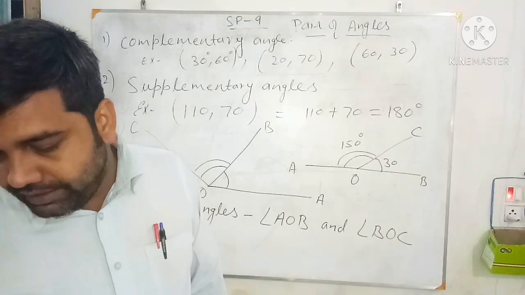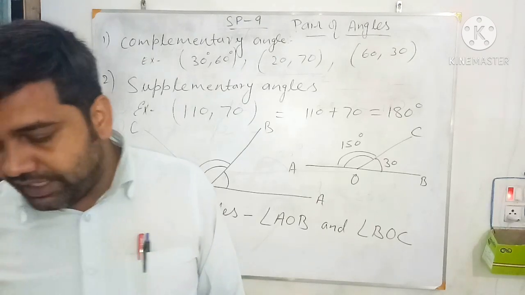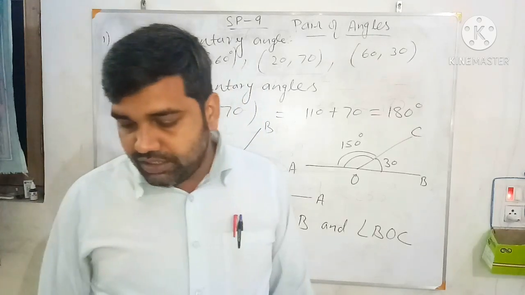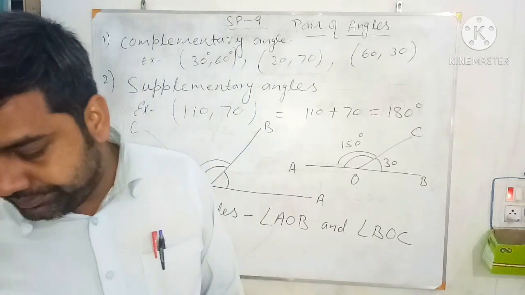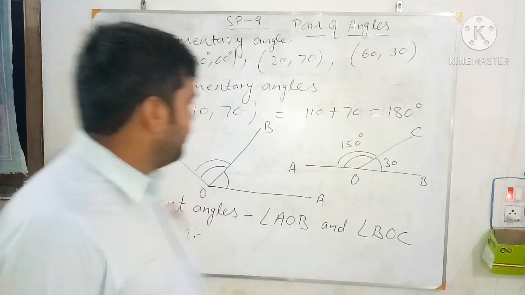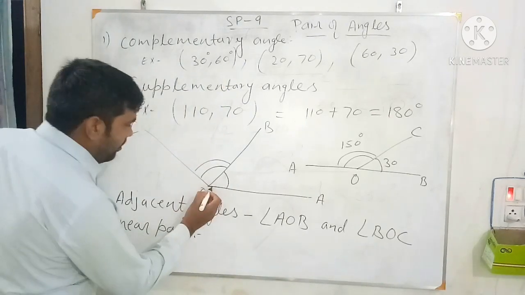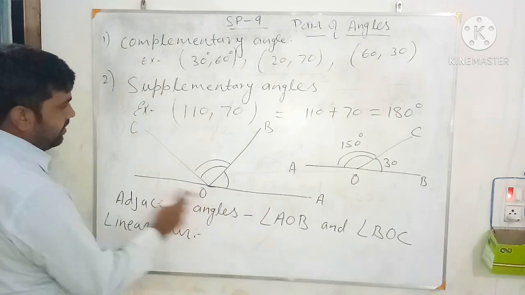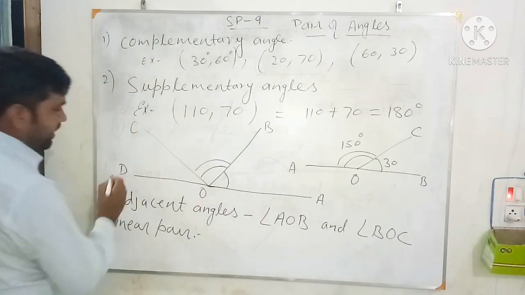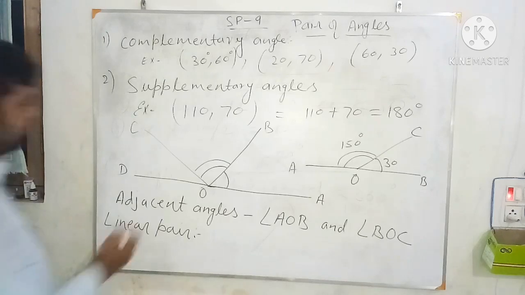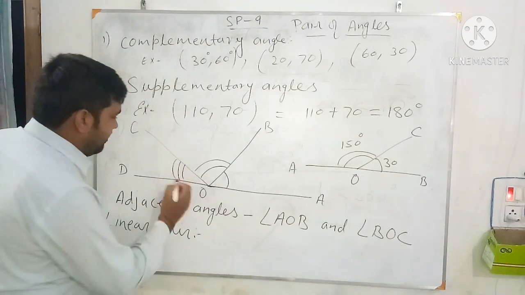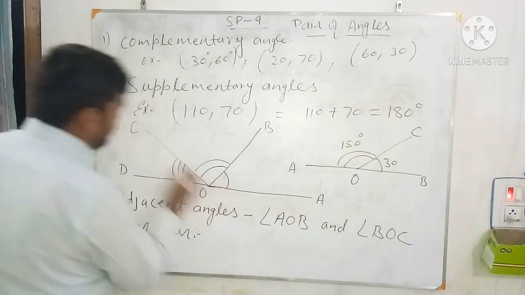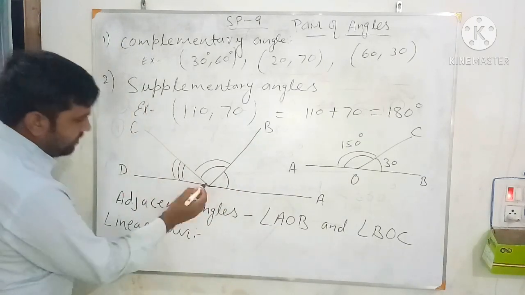Okay, and the sum of the adjacent angles on one side of a line is also 180 degrees. So suppose here we draw a straight line AOD, and on this there are three angles. One is angle AOB, another is angle BOC, and the third angle is angle COD.